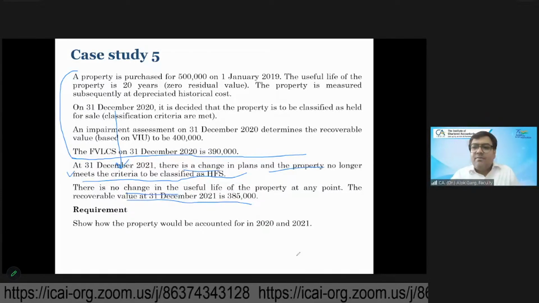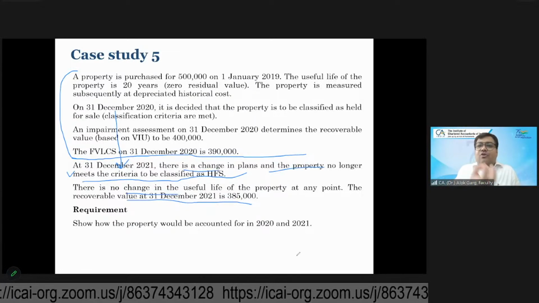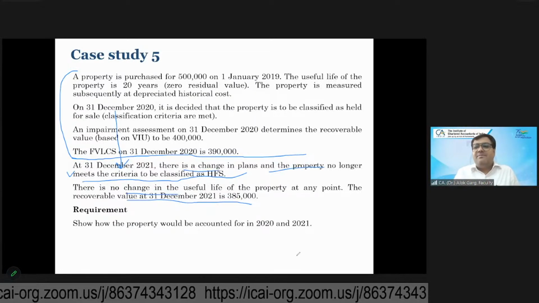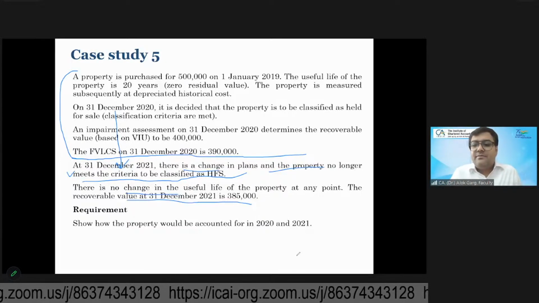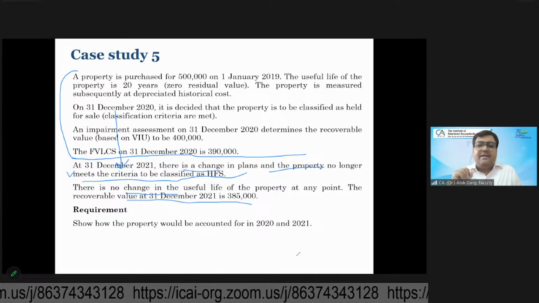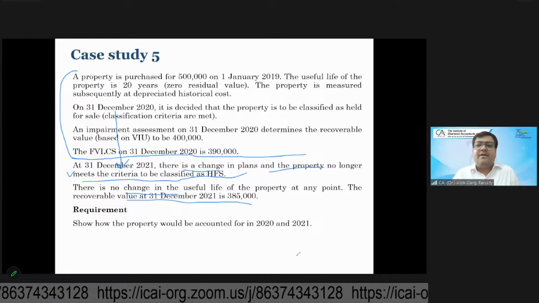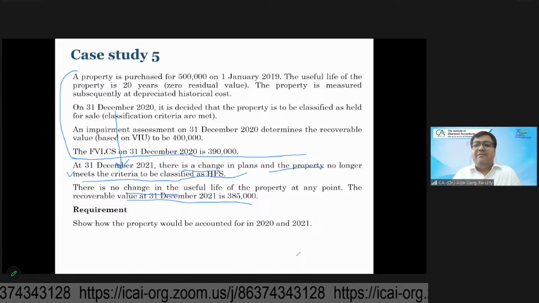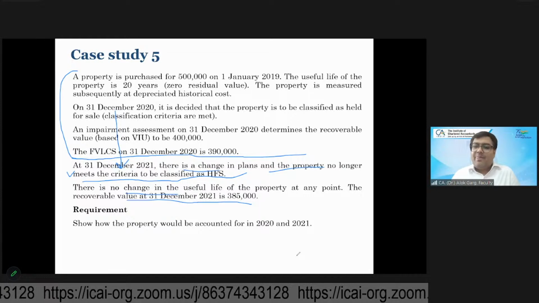Answer is no. And that is why the formula of carrying value itself says that cost minus accumulated depreciation minus impairment loss. Correct? So it means even though it is PP, you have to charge depreciation, you have to charge impairment, and whatever is the carrying value, the depreciation has to be charged prospectively.